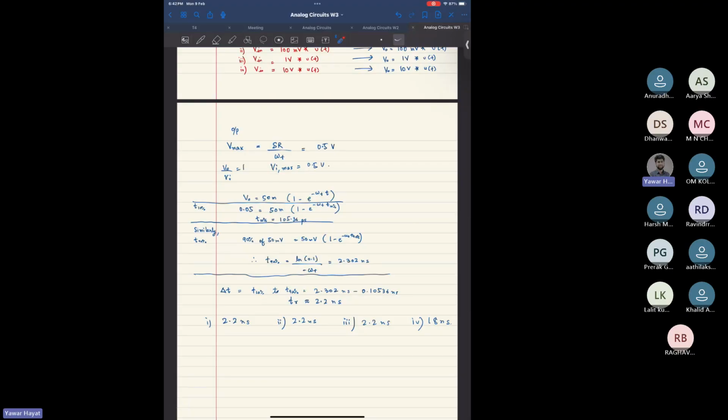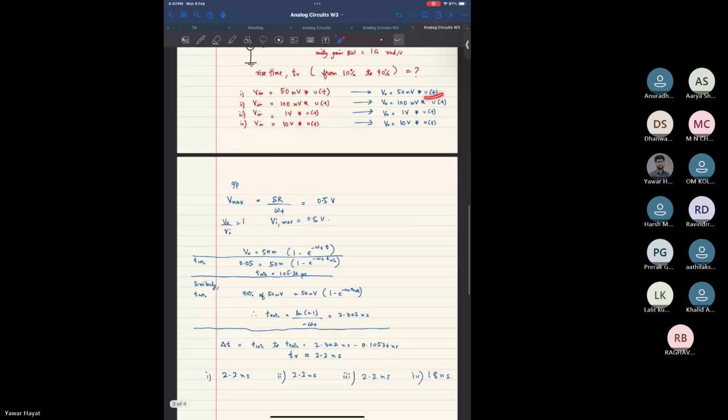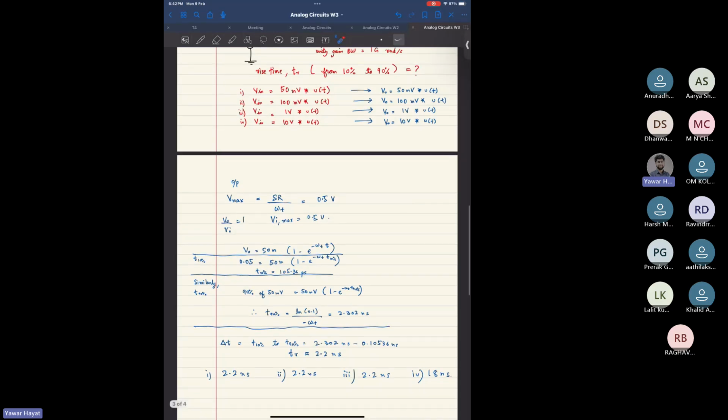And since we have this u of t, if you analyze it in the Laplace domain and convert it back to the time domain by inverse Laplace transform, you'll have this factor, e to the power minus omega t times t, right? Where this omega t is what? Unity gain frequency, right? T 10% would be at 10% of V output.